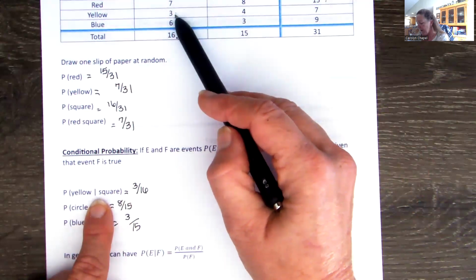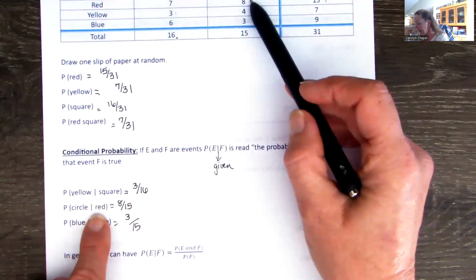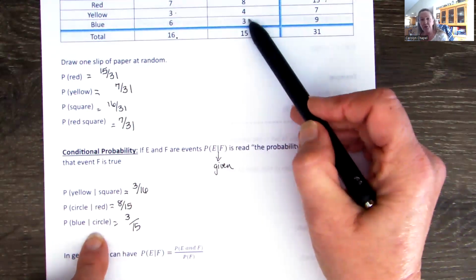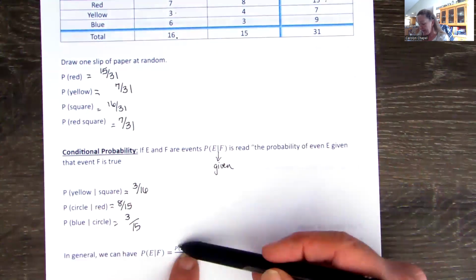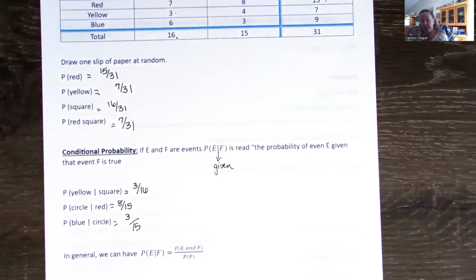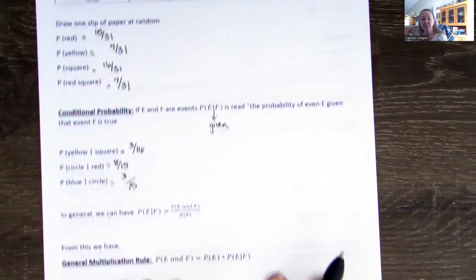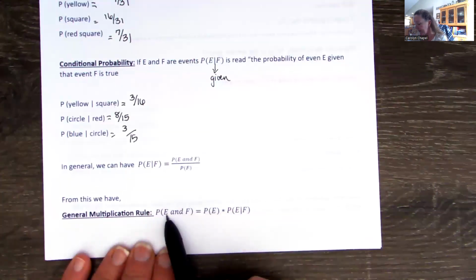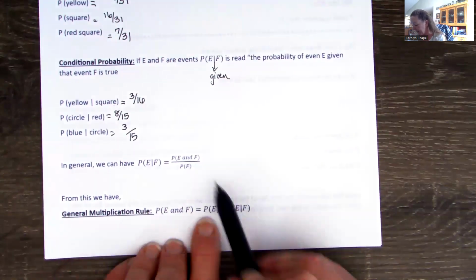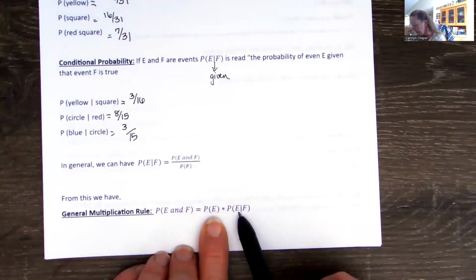Yellow and a square. Red and a circle. Blue and a circle. So that top piece is that and statement. Okay. From here, we can do a little bit of algebra, and we can reduce this to: the probability of E and F happening is the probability of E given F, times the probability of F.